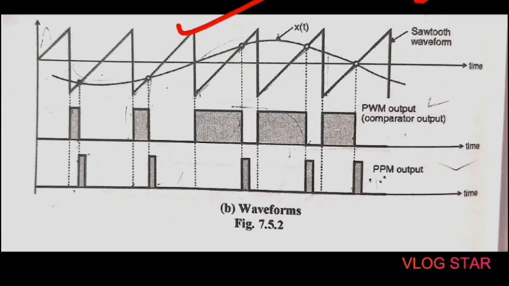Thus the leading edges of the PWM signal are always generated at fixed time instants. However, the occurrence of its trailing edges will be dependent on the instantaneous amplitude of this X of t. Therefore, this PWM signal is said to be trail edge modulated PWM.